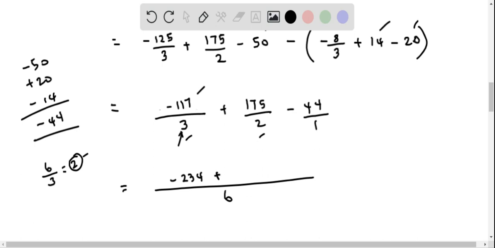We then put plus. So here we have the denominator 2 compared with the common denominator 6. When 6 is divided by 2 we get 3, so this must be multiplied with 3. So 175 times 3 equals 525.